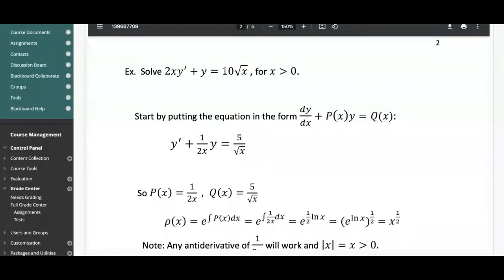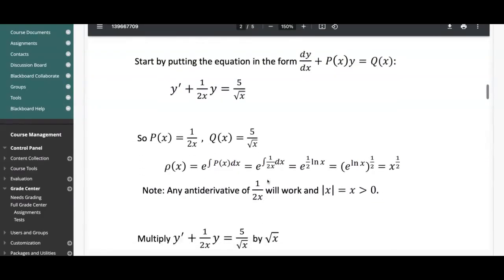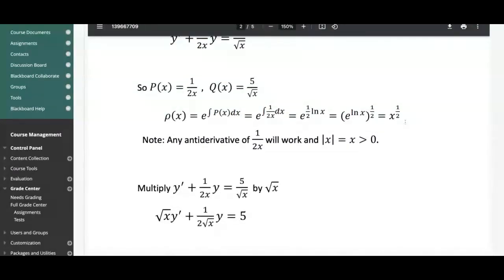But wouldn't that be 10 square root of x divided by 2x? 10 divided by 2 is 5. Oh, okay, I see. Sorry. Square root of x divided by x is 1 over square root of x. Thank you. You're welcome. So the integrating factor is square root of x in this case.